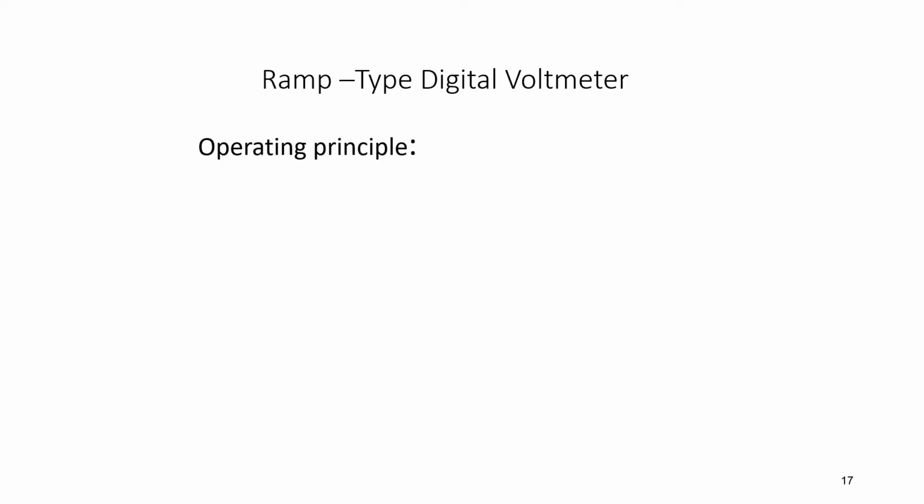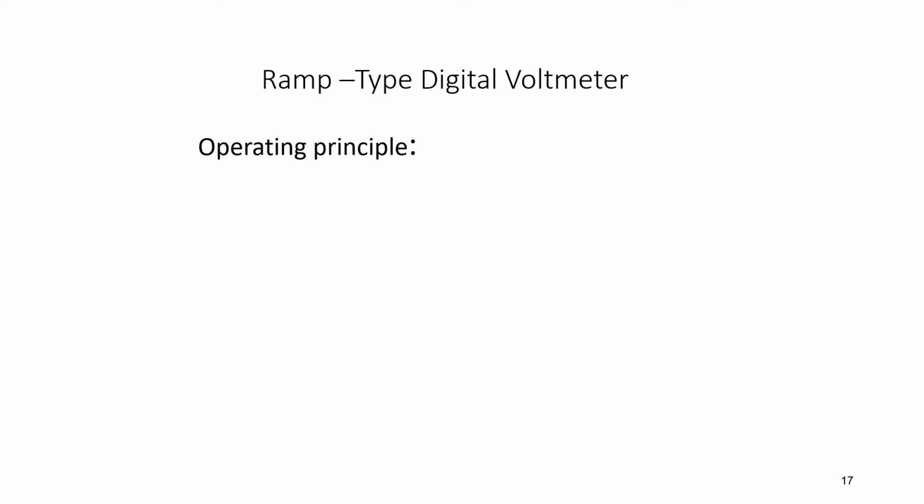Along with these, we'll be studying there are digital frequency meters, there are digital LCR meters, and how the different factors affect the accuracy and resolution of the frequency meter.